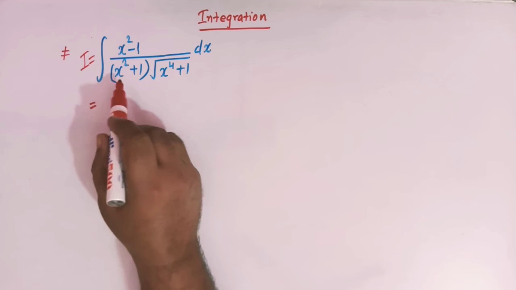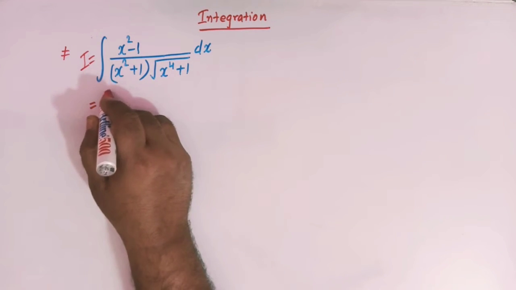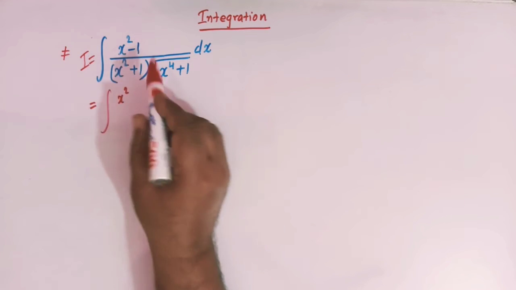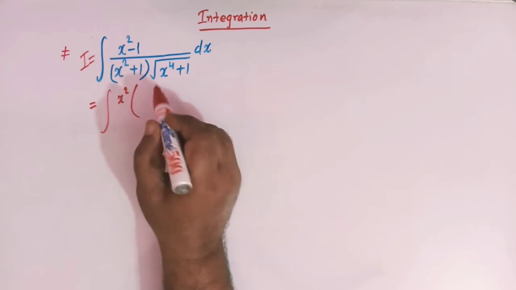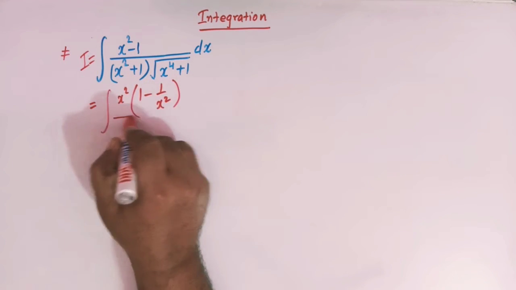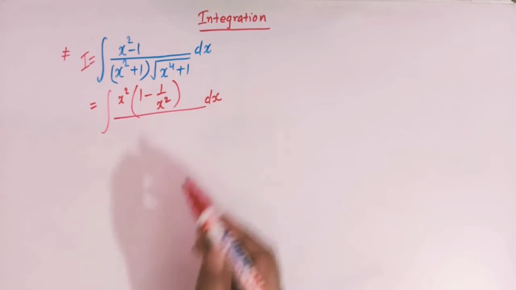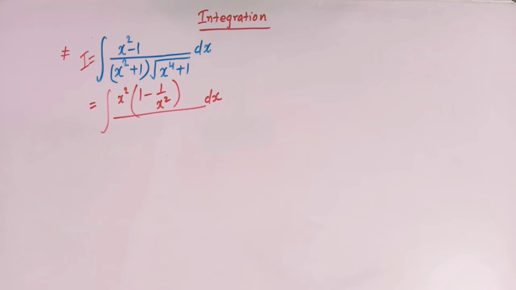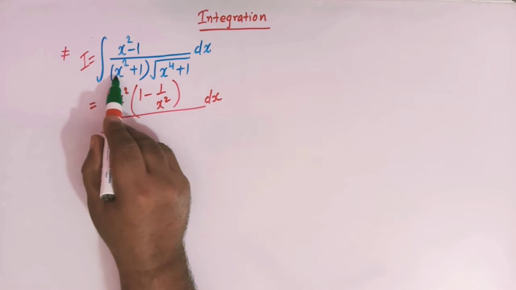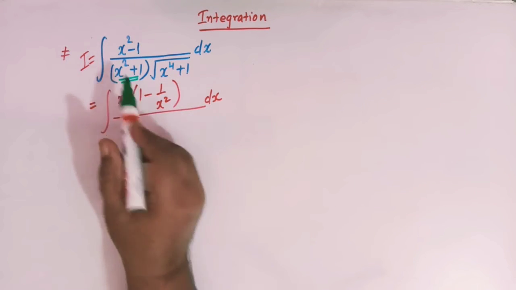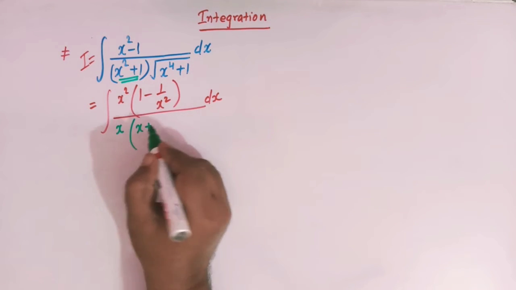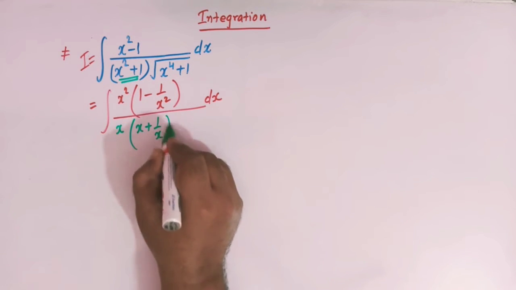So let us see how we can do this. If we take x square common from the numerator, we'll get 1 minus 1 over x square, right? And in the denominator, from this term we'll take x common, so we'll have x plus 1 over x, right?